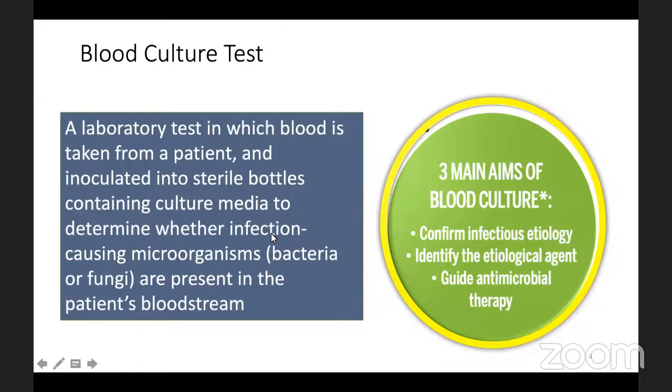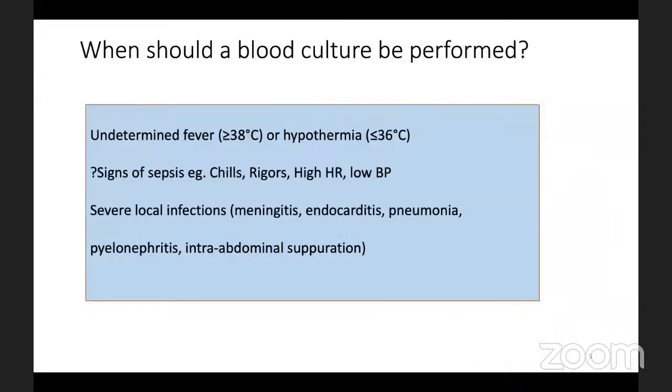Like we said yesterday, blood culture is when the blood of an individual who is suspected to have an infection is taken and put into a medium to support the growth of any possible bacteria or fungi present so that we can use it for diagnosis. The main aims of blood culture are to confirm the presence of an infection, to identify the pathogen responsible, and to find the drugs that can help in treating them.